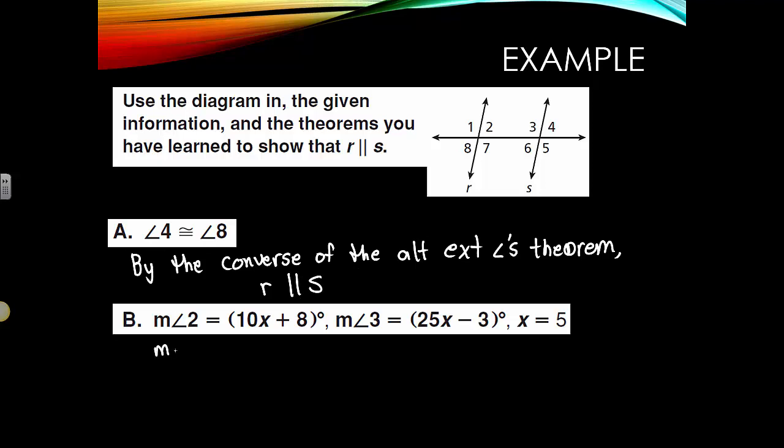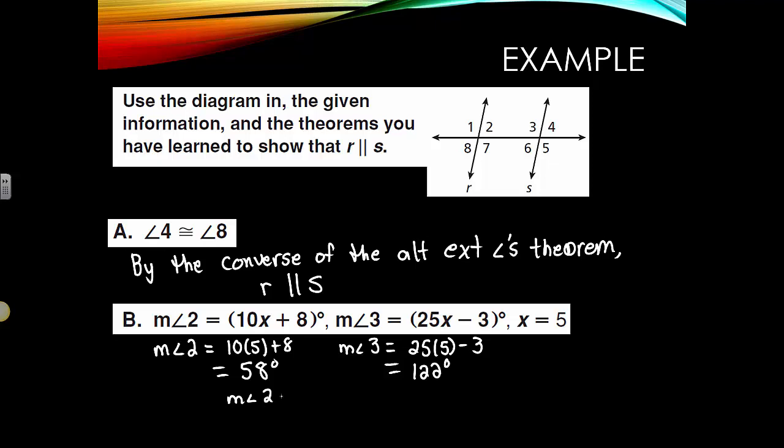For this next one, the measure of angle 2 is equal to, I'm going to plug in 5 for x as it says at the end there. So I end up with 58 degrees for angle 2. And the measure of angle 3 is equal to 25 times 5 minus 3, which is 122. So now I'm going to go back up to my diagram and I'm going to look at angles 2 and 3 and I see they're same side interior angles.